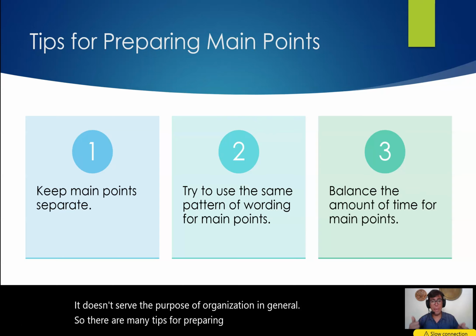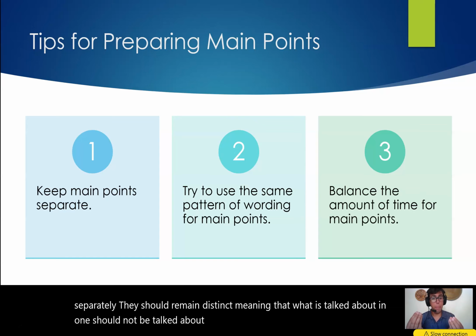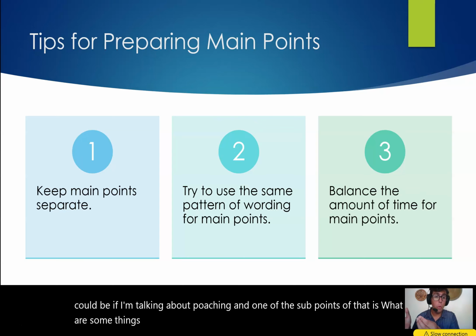So there are many tips for preparing main points. First, keep the main points separate. They should remain distinct, meaning that what is talked about in one should not be talked about in another. A good example of this could be if I'm talking about poaching, and one of the subpoints of that is what are some things that people are doing right now to stop this.